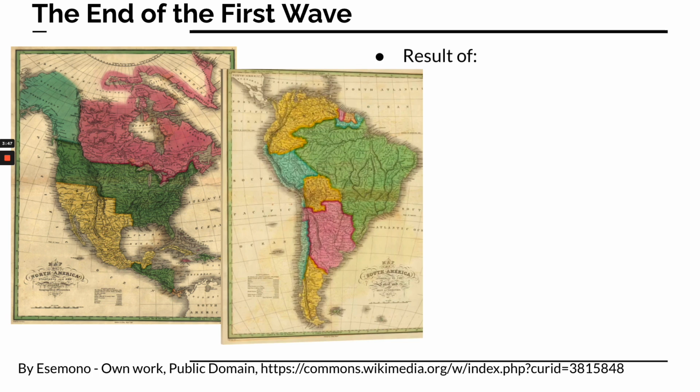So, what ends the first wave? One thing, the end of the first wave is a consequence of a building loss of colonial possessions in the Americas. These are maps of North and South America in 1826.